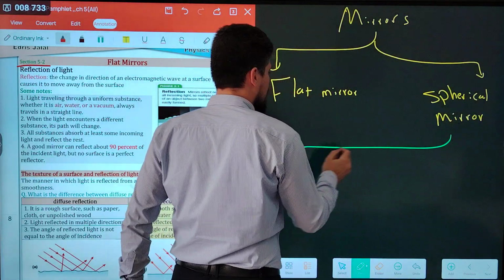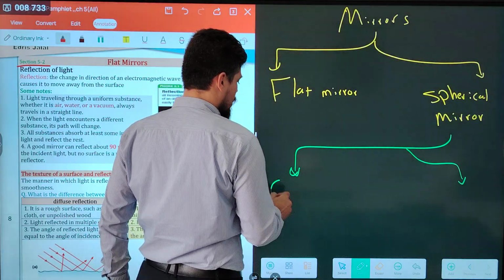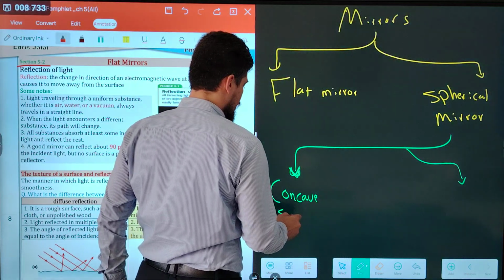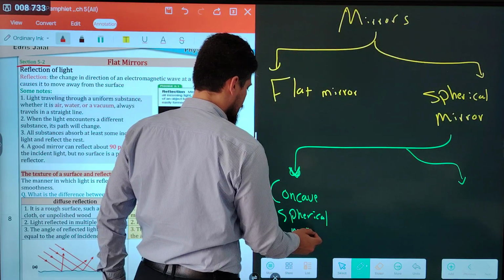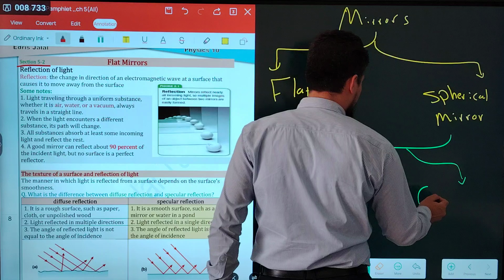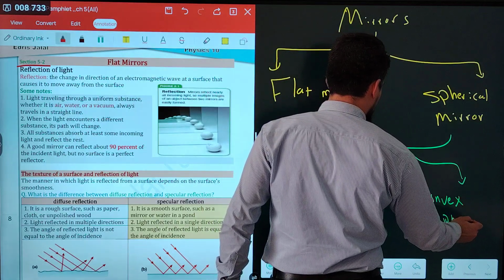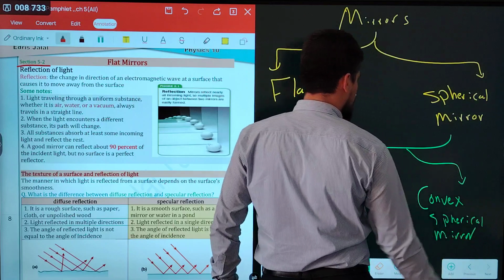The spherical mirror can be classified into 2 main types, concave spherical mirrors and convex spherical mirrors.